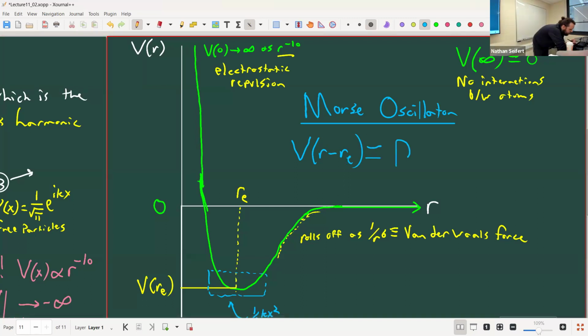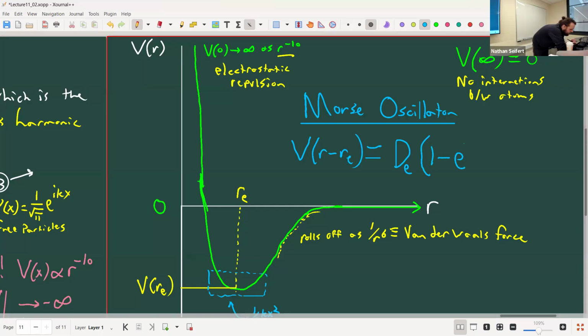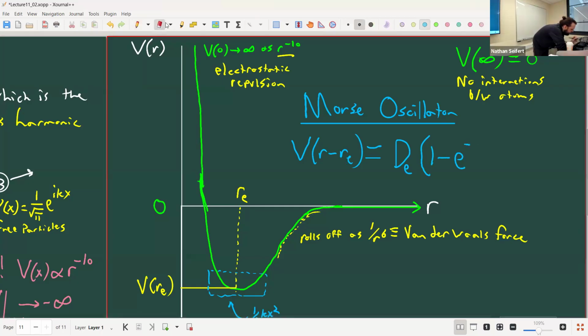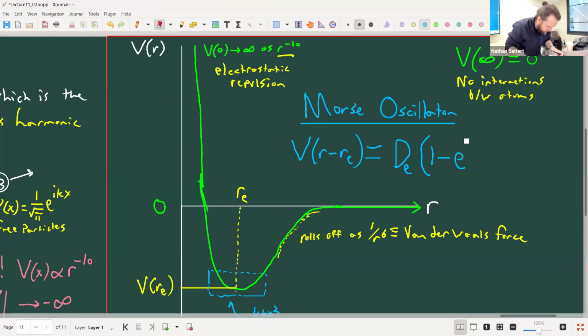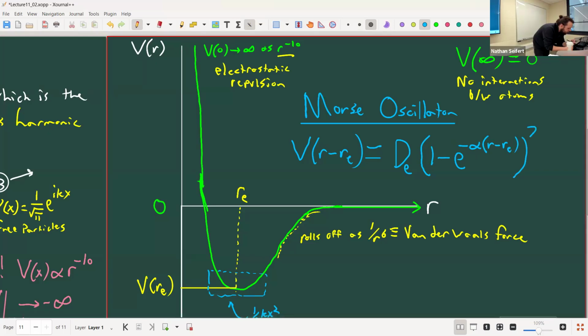It's equal to this number D sub e, which I'll define in just a second, times 1 minus e to the minus alpha r minus r_e, this whole thing squared.